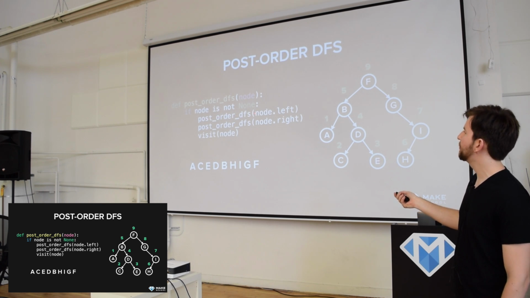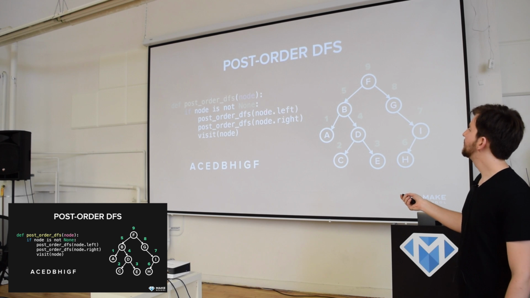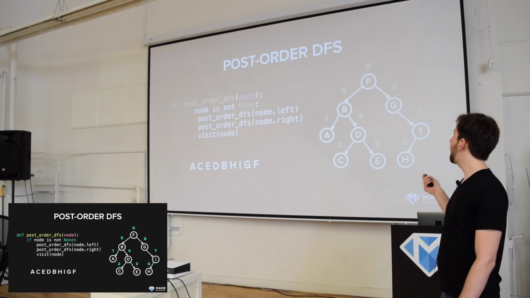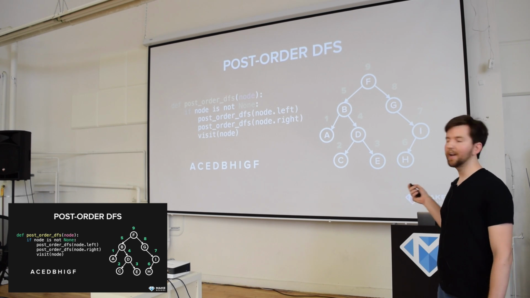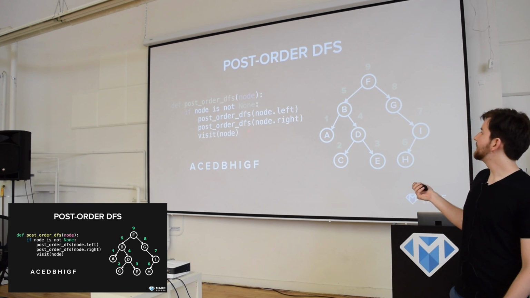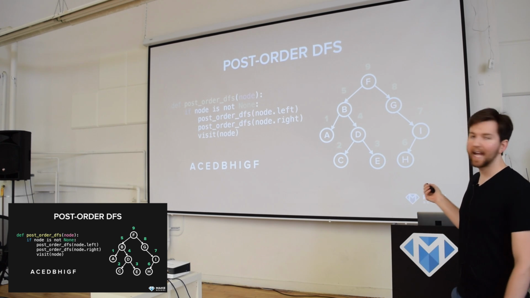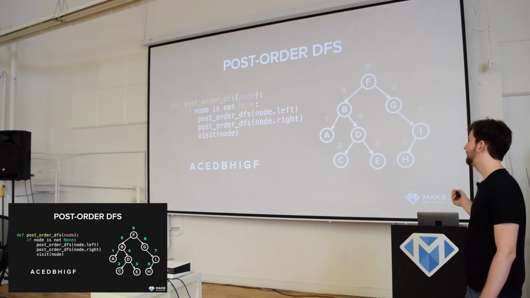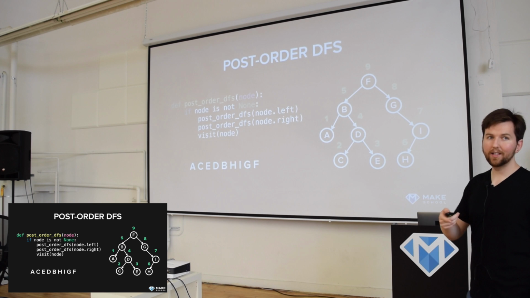We do all of post-order depth-first search on F's left child, B. So that's completely done with. Then we do post-order depth-first search on F's right child, so that calls this function again with G. G does the same thing. It tries to go left, it can't. So then it tries to go right, it can. It goes to I. I tries to go left, it can. It has a left child.